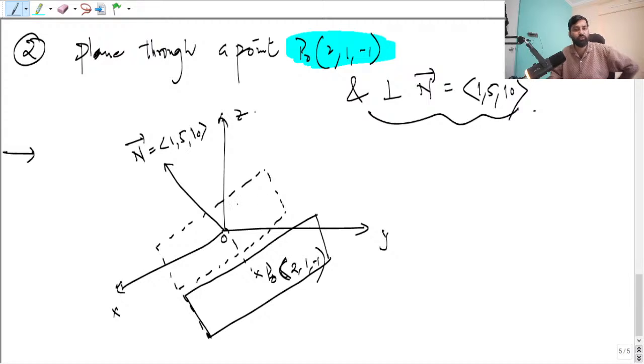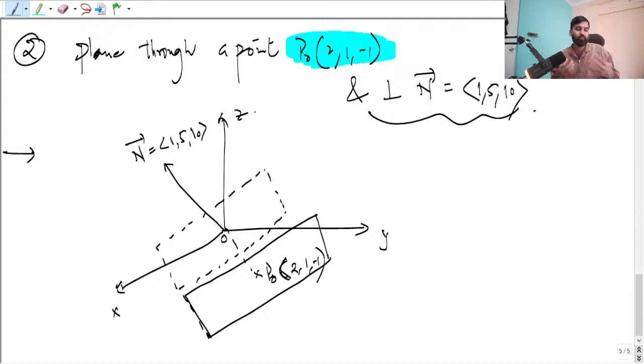We don't have to find the equation of the plane through the origin. Both planes are more or less the same, but the key difference is that the new plane is not going to pass through the origin, but it is perpendicular to the normal vector. So there is a shift. You are just shifting your plane.